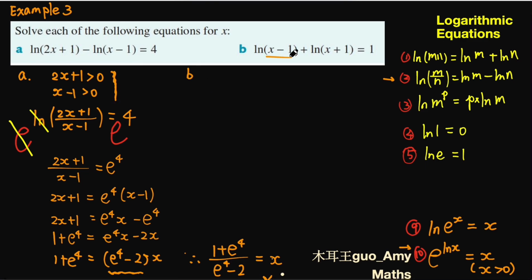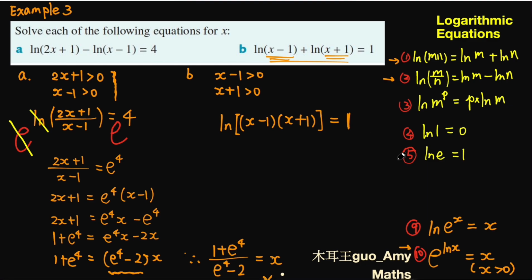For part B, similarly, we check the restrictions for the argument. For the first one, we have x minus 1 being positive, and x plus 1 should be positive as well. After that, we are going to simplify the left side of the equation by using the first law, and it will become natural log of x minus 1 times x plus 1.